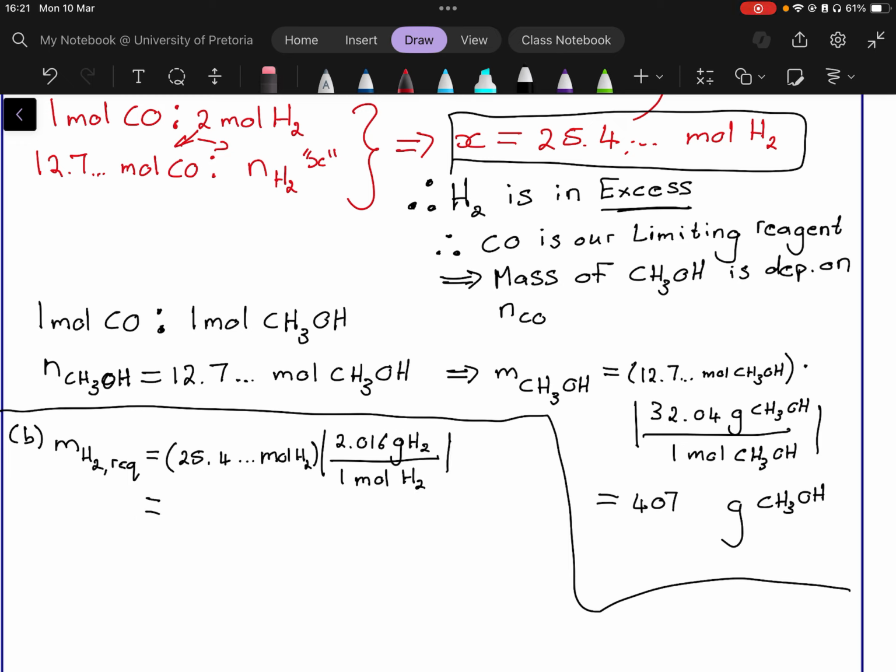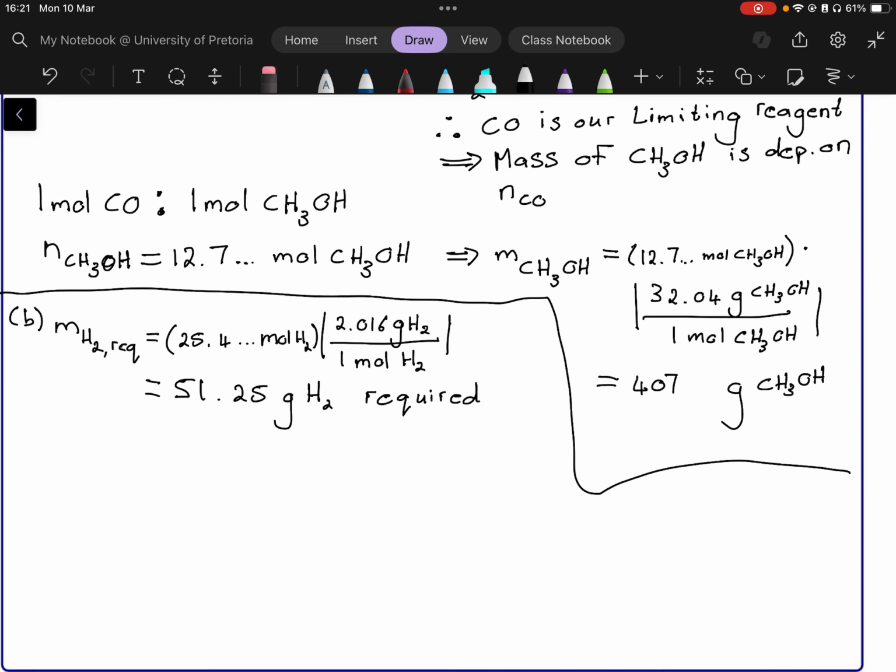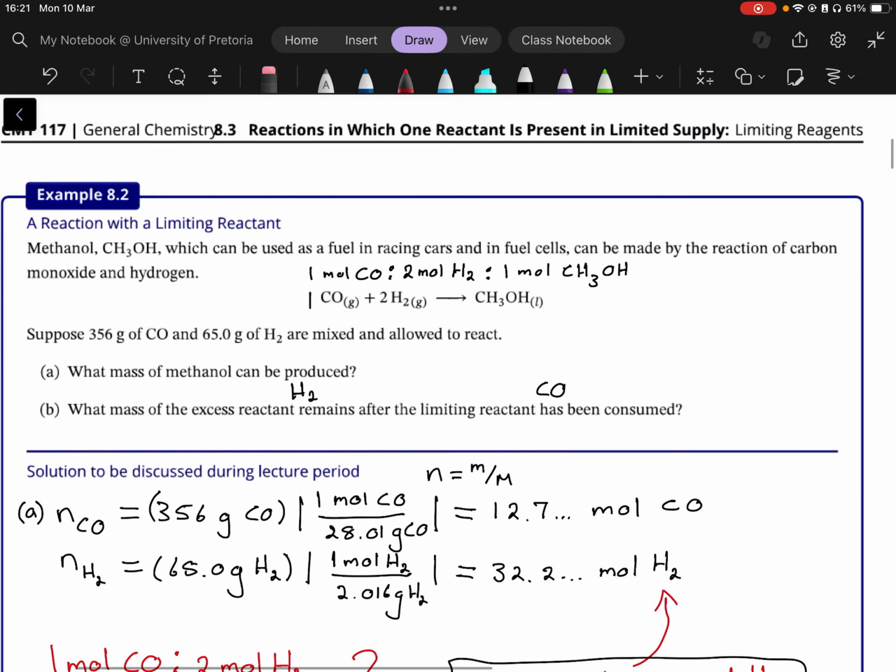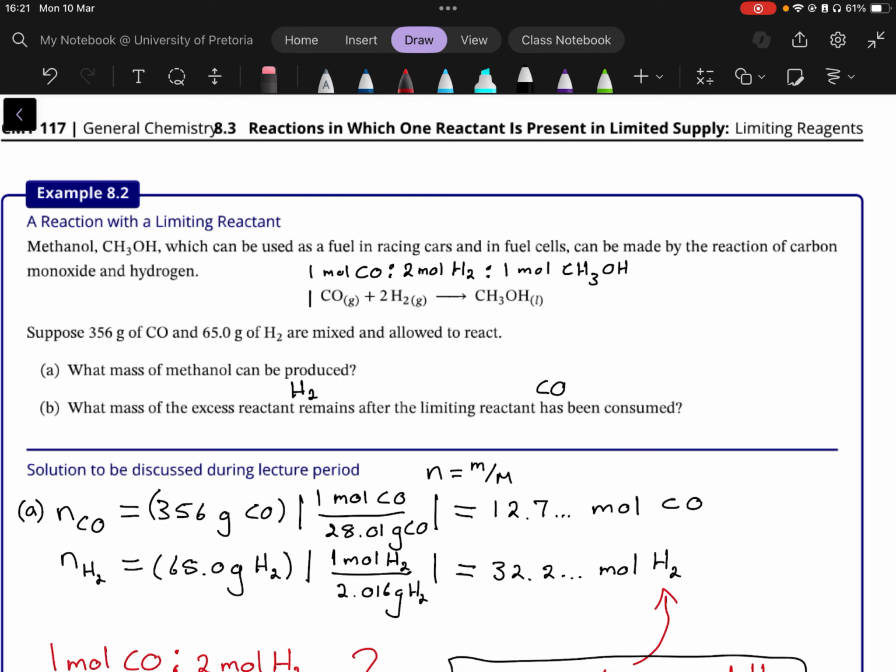That gives us a value of 51.25 gram H2. Maybe let's make a note here that it is so much H2 required. All right. So if we require this much H2, how much H2 did we start with? We started with 65 gram.